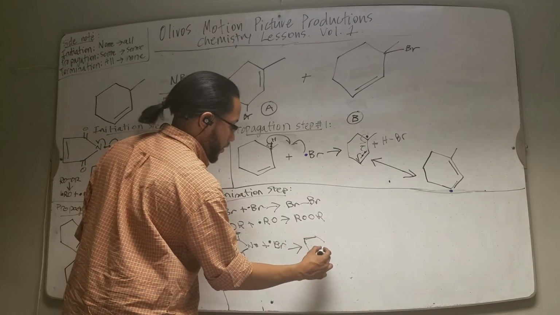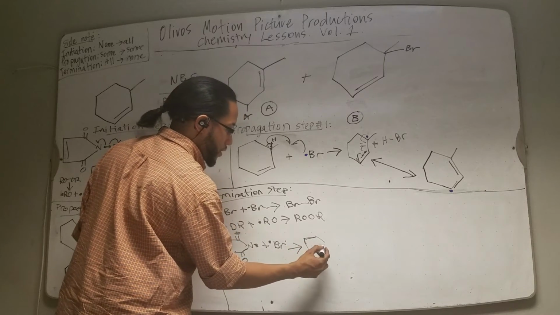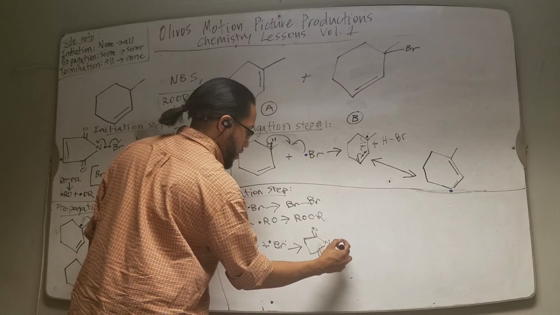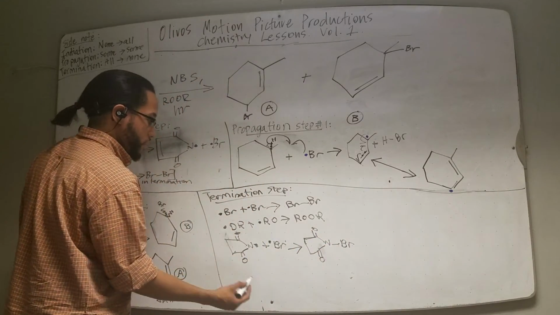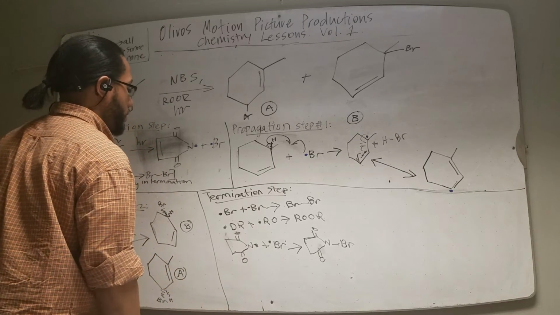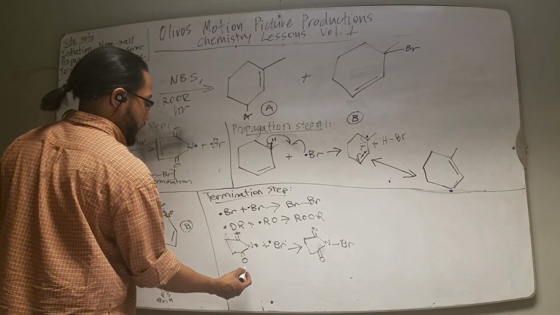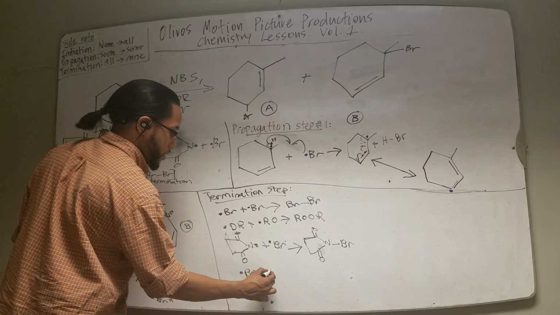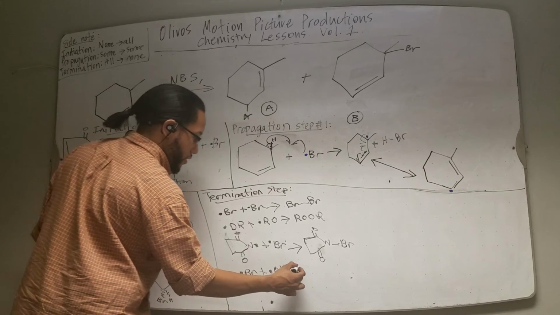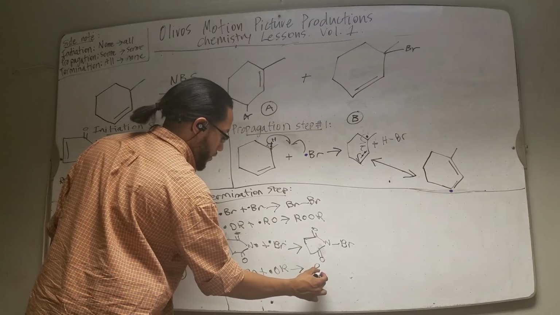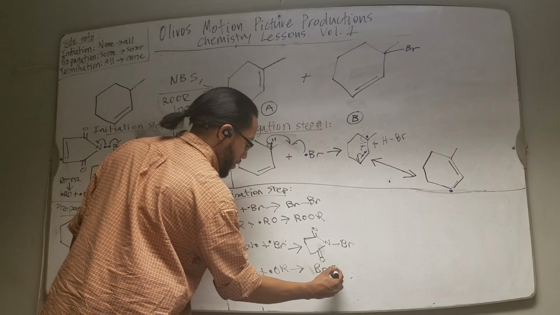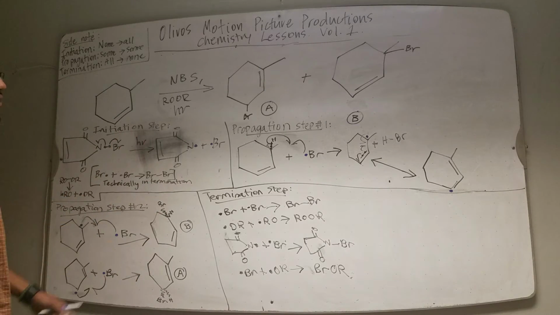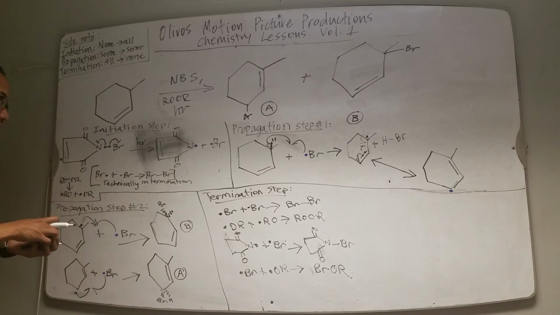There's a whole bunch of ways that you could get your radicals to disappear. There's still more. You could have used a bromine and OR. It's just different combinations. Right? And so on. But that's basically it.